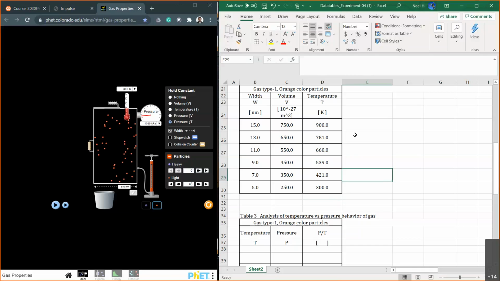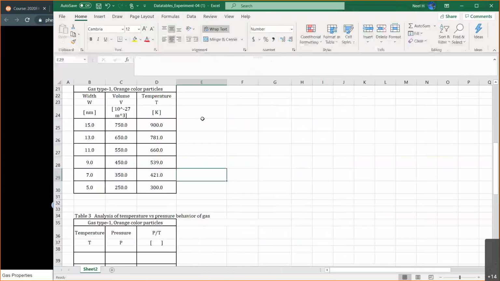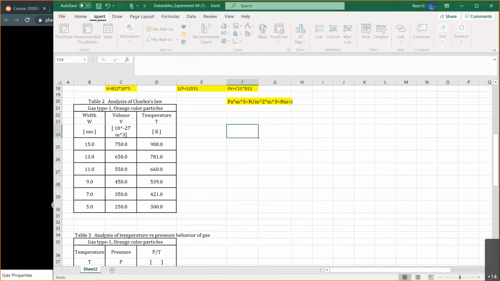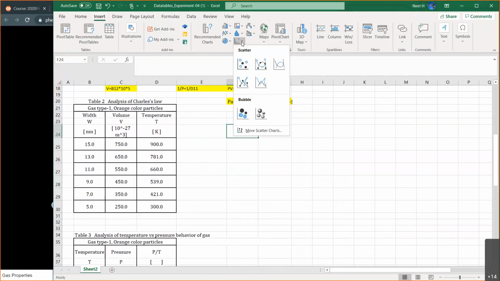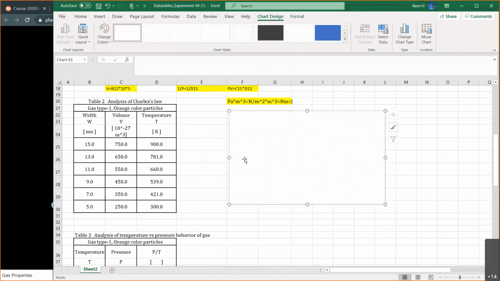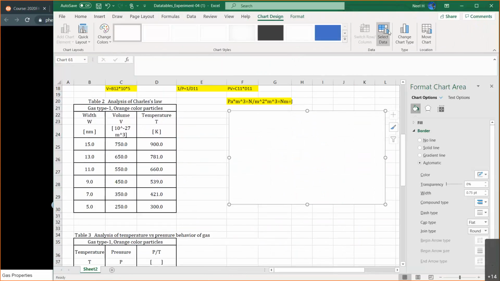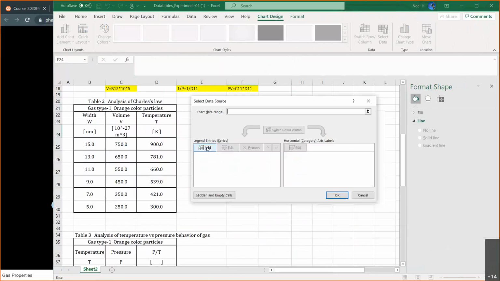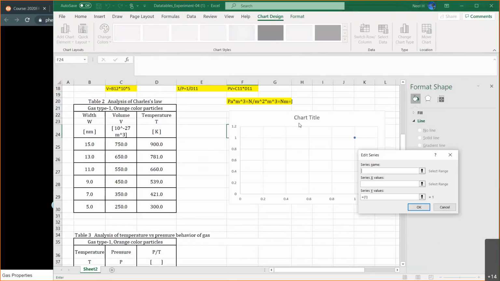All right, then let's make a graph to check the behavior of volume and temperature, right? So let's make a graph. Insert, chart, scatter plot. In this case, I need the data: double click, select data on the right hand side top corner, and add a new data series.